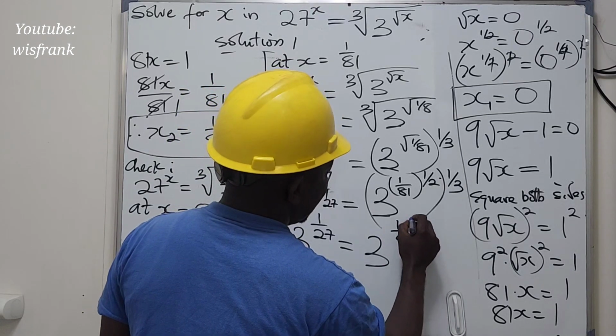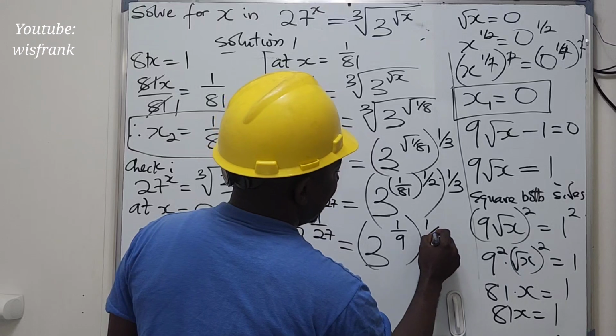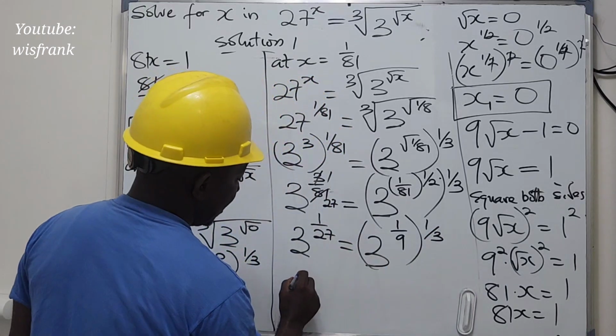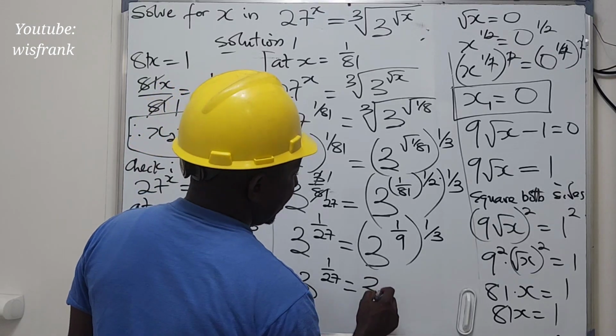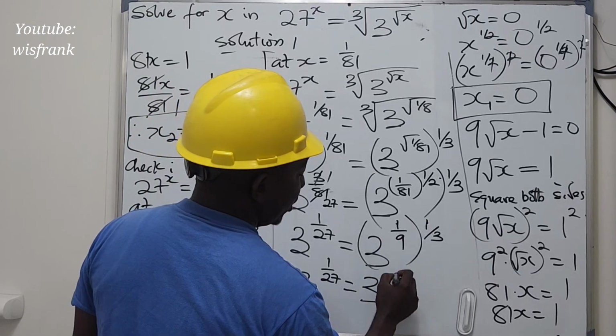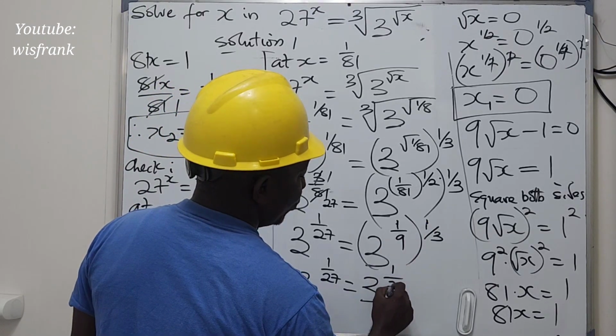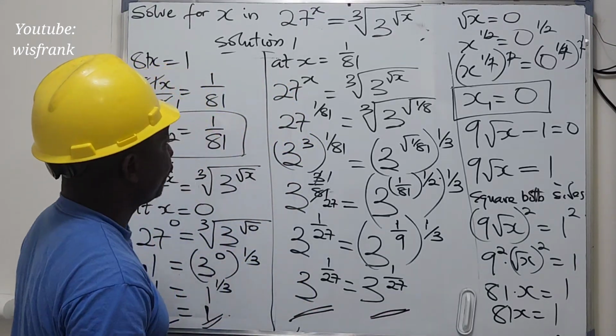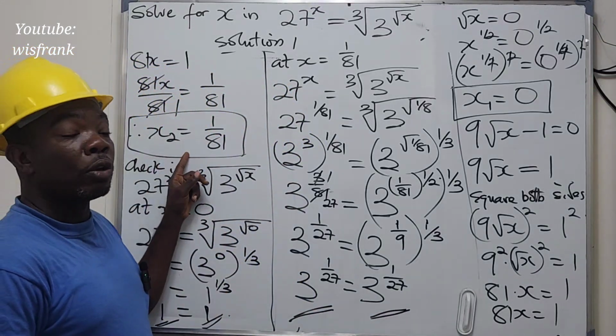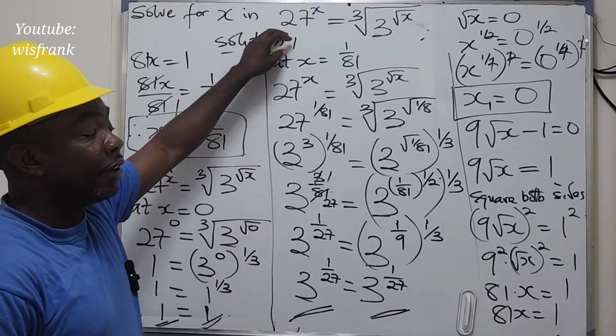So this is the same thing as all to the power of 1 all over 3. So 3 to the power of 1 all over 27 equals 3 to the power of, this is 1 times 1 is 1, then 9 times 3 is 27. So what we have on the left hand side is what we have on the right hand side. Therefore, x2 equals 1 all over 81 satisfies this equation.